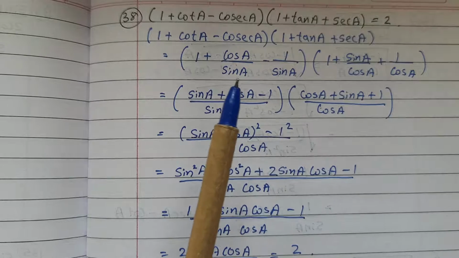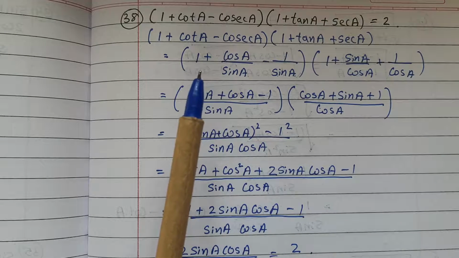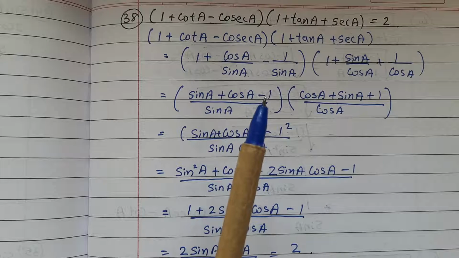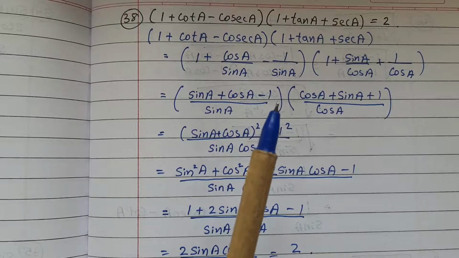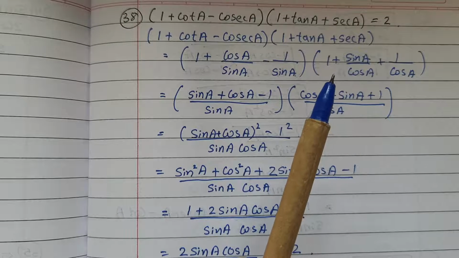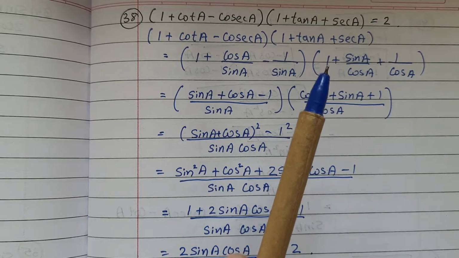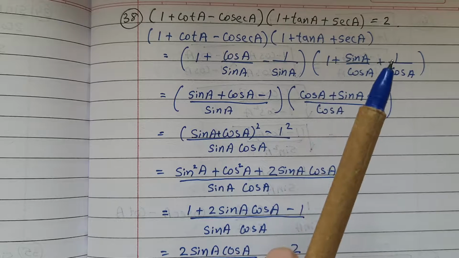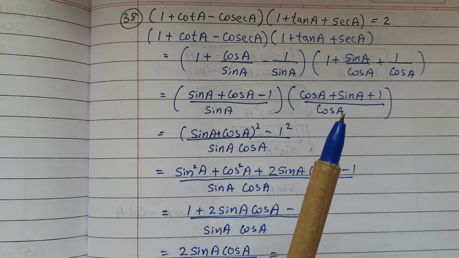Here the denominator is sin a, so multiply and divide by sin a. We get sin a plus cos a minus 1 upon sin a, into, here the LCM is cos a, so multiply and divide by cos a. We get cos a plus sin a plus 1 upon cos a.